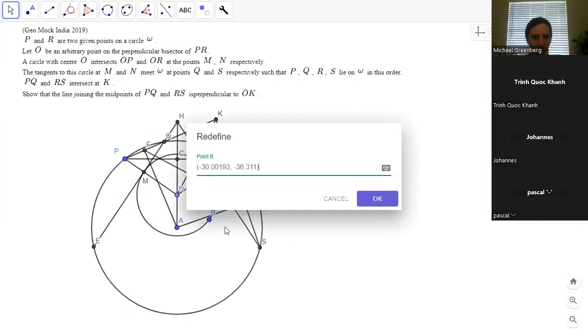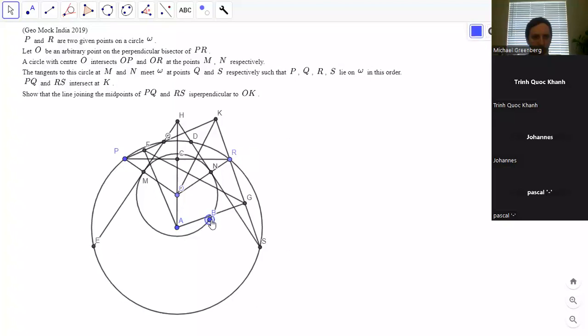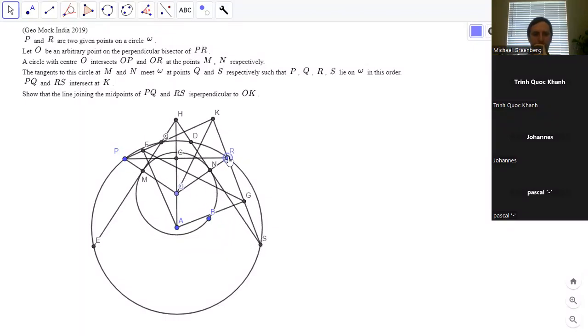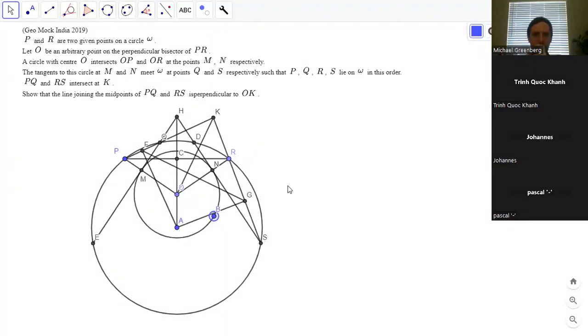I don't think so, at least. And yeah, these kind of look like they concur, but it's not true either. But HMON is cyclic. We have two cyclic quadrilaterals. And KFAG.